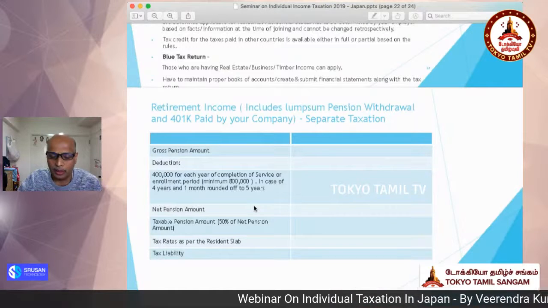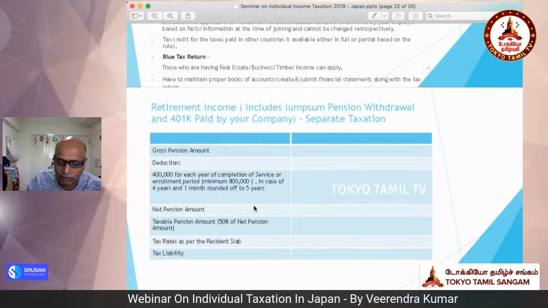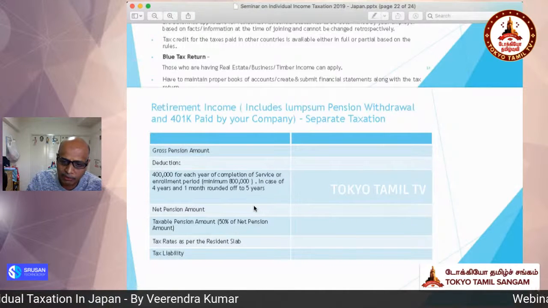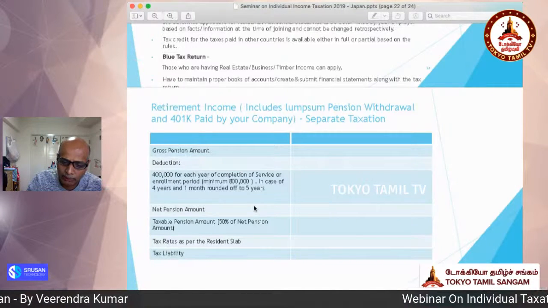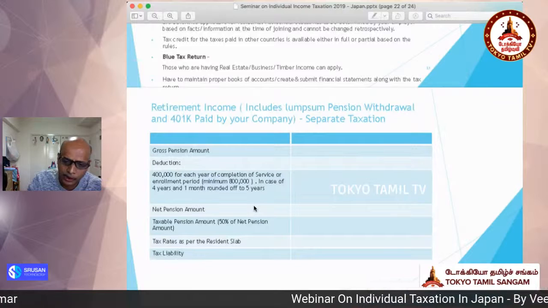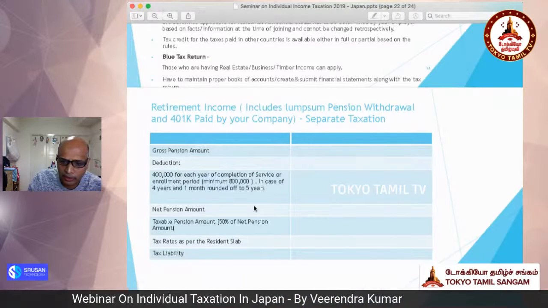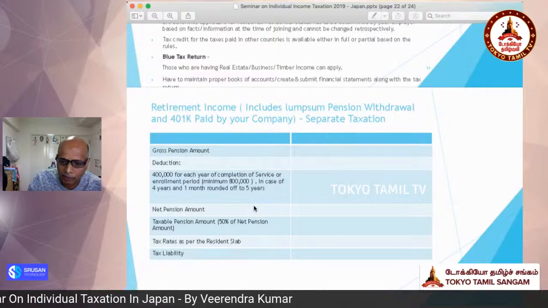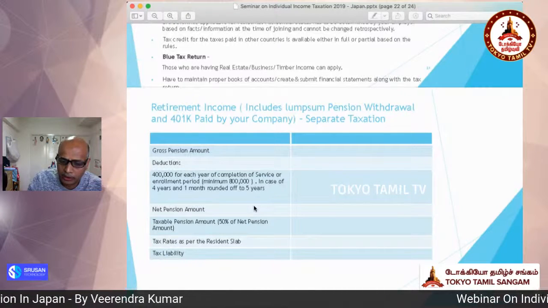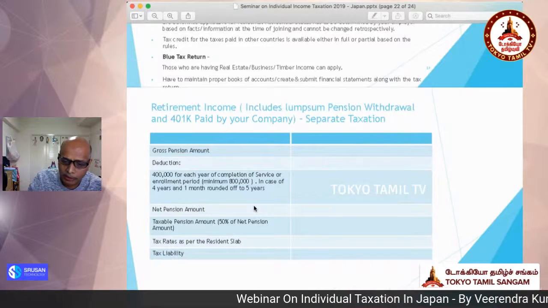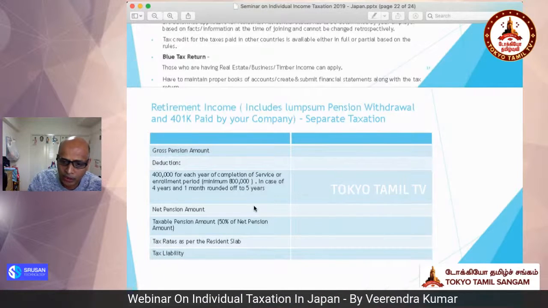In such a case, on 50% of the net pension amount, tax rate as per the resident tax slab will be applicable, and tax will be calculated. And mostly you should be getting a refund, because when they make the payment of the pension to you, they deduct a TDS of 20.42%, which is as per the non-resident rate.